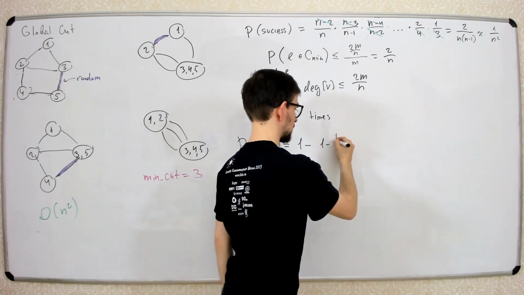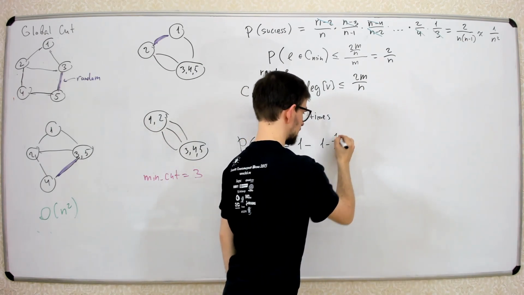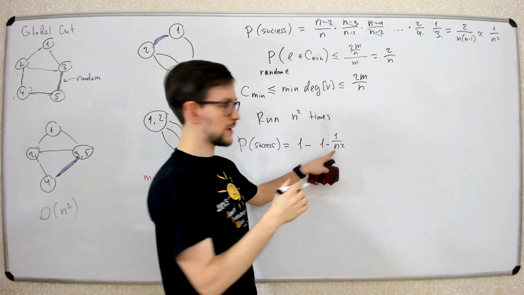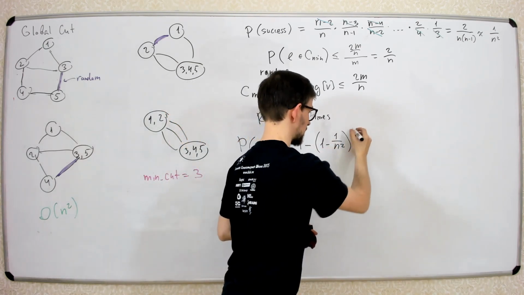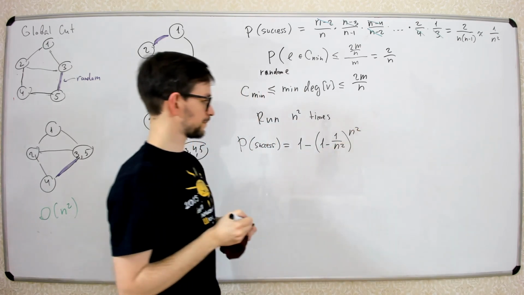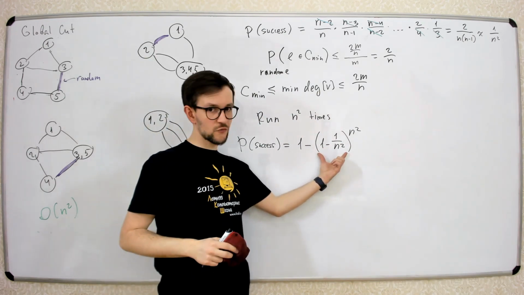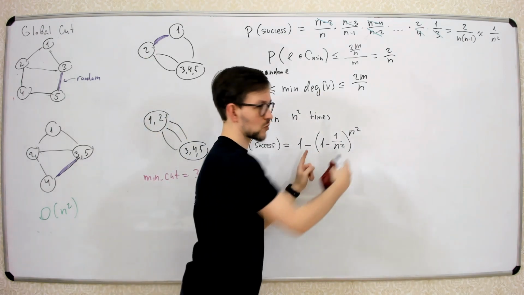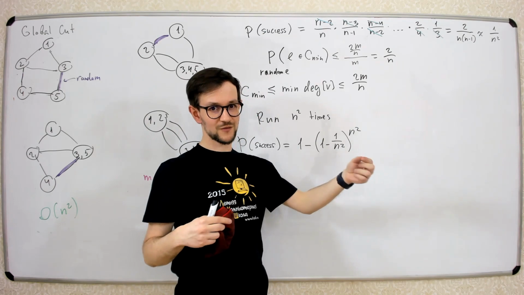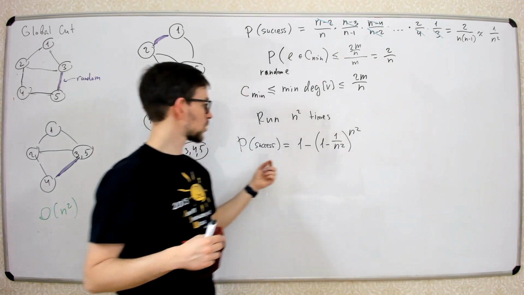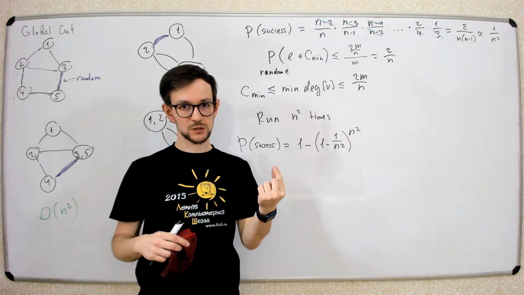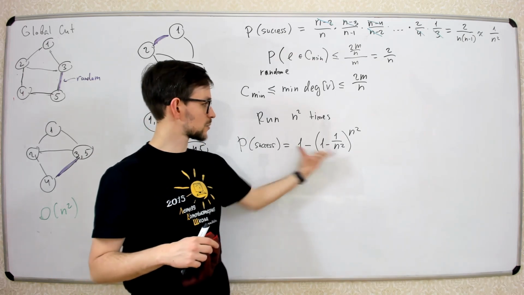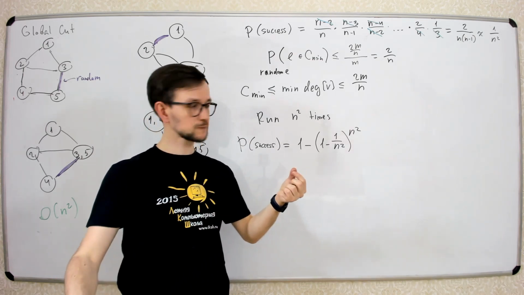Probability of one failure, and we need to fail all n squared times. Again, this is probability of one failure. This is probability of n squared failures, right? So we need to have at least one success. So this is a probability of having at least one success.